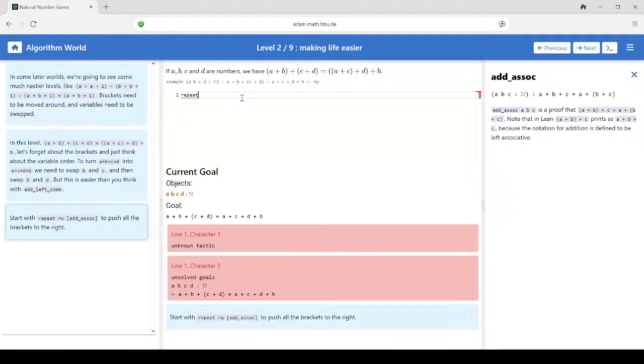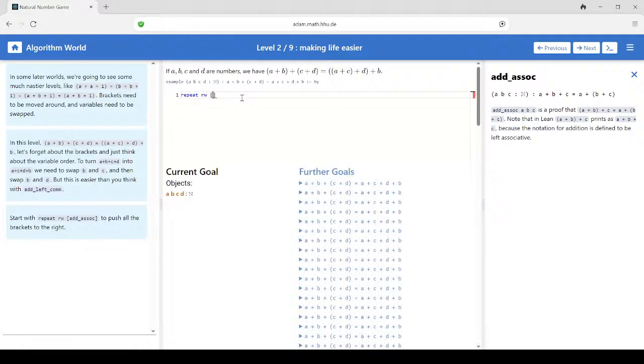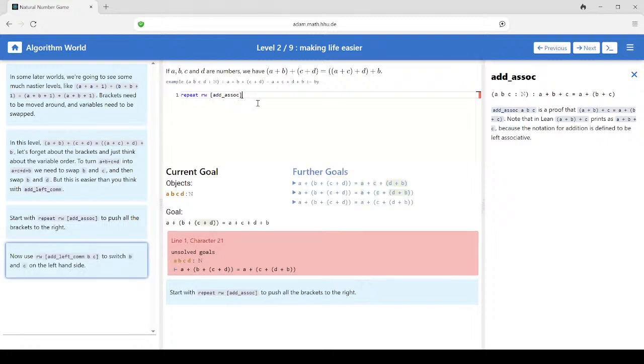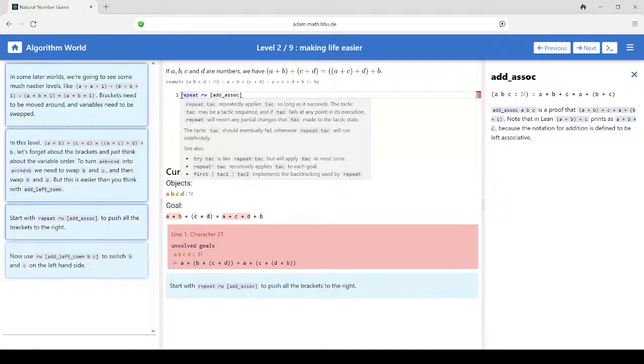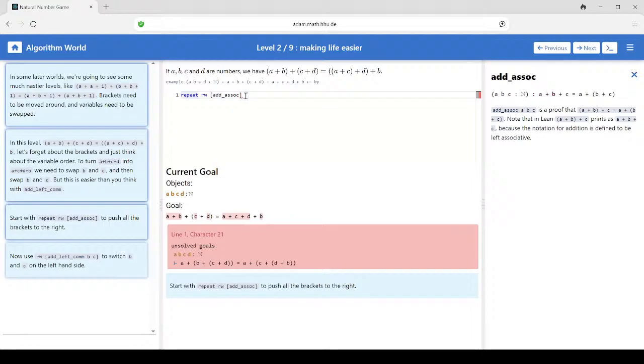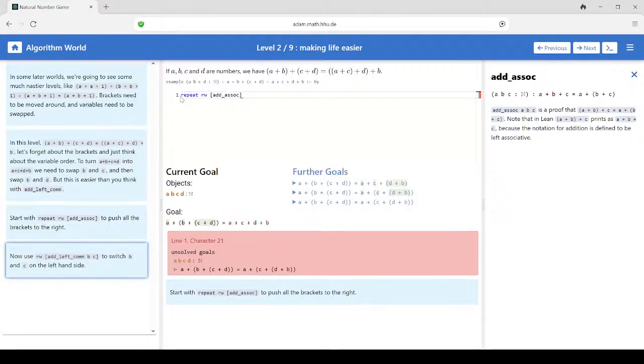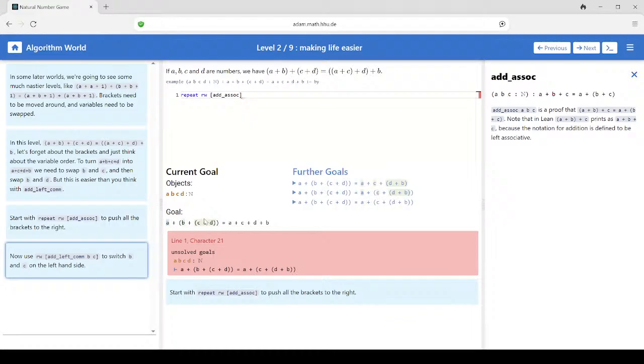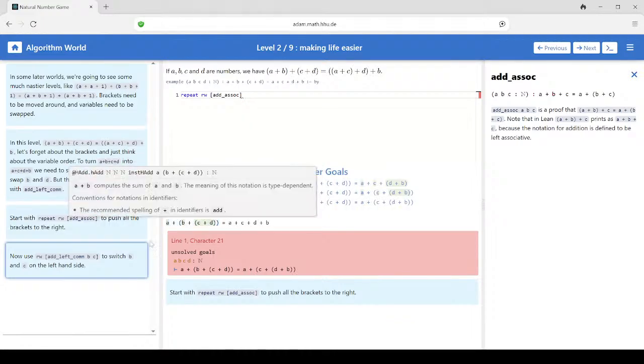So repeat, rewrite, add associativity. So before it looked like that. So we had a plus b on its own, and then added to c plus d. And now we have c plus d plus b plus a.